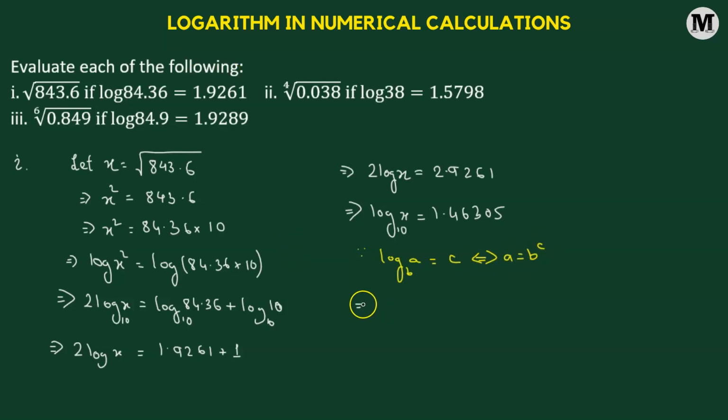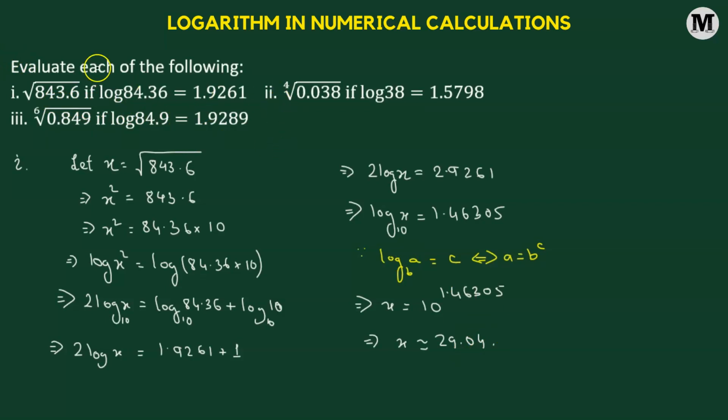In our case, x is going to be equal to 10 raised to the power of 1.46305. Now we can use a calculator to compute the value for x. So x comes out to be approximately 29.04. In other words, the square root of 843.6 comes out to be 29.04.